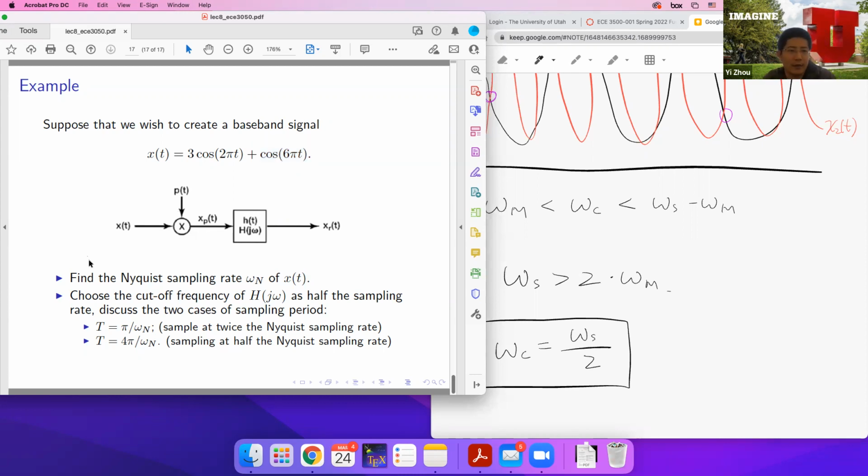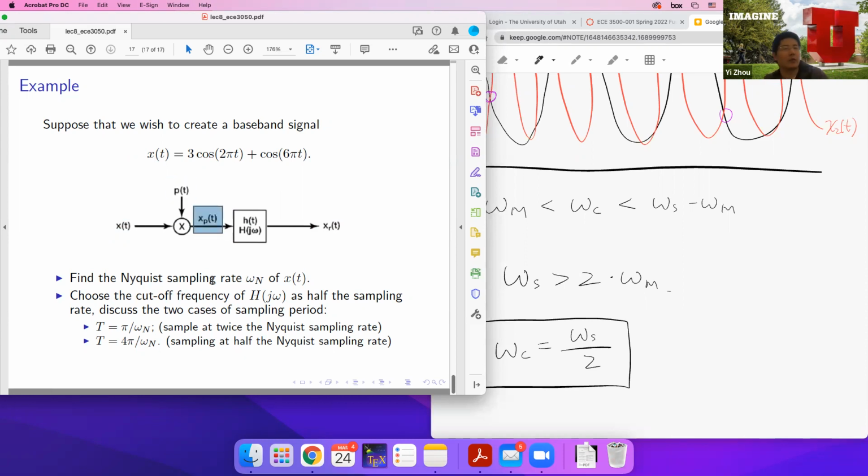And then, choose the cutoff frequency as half the sampling rate. Discuss the 2 cases of sampling period. Basically, here we are looking at this system where we first sample this signal at a certain frequency.